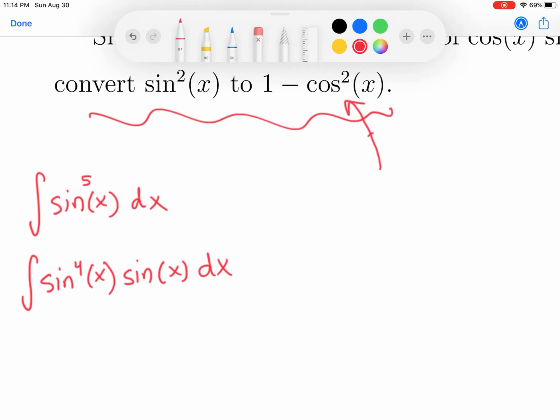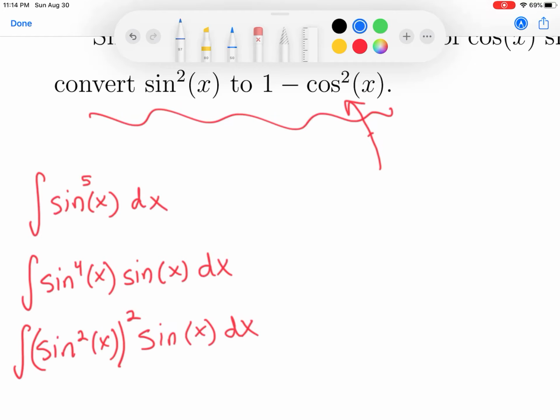Sine squared x is raised to the 2nd power, just to make it look a little different, but it's the same thing. And then I still have my sine x dx over here.